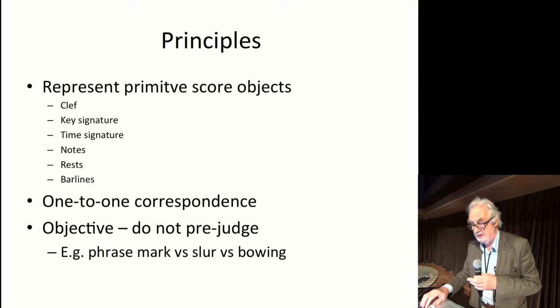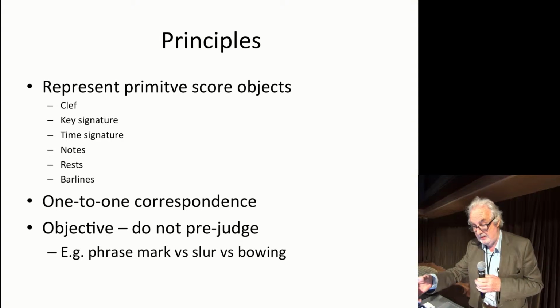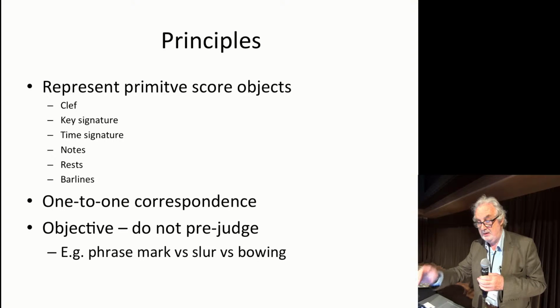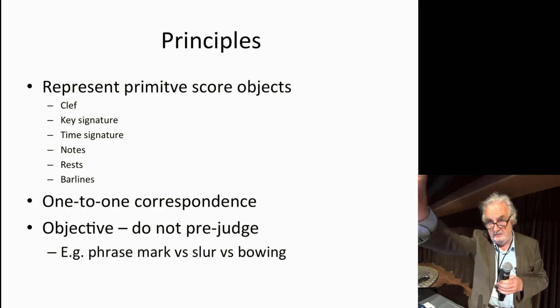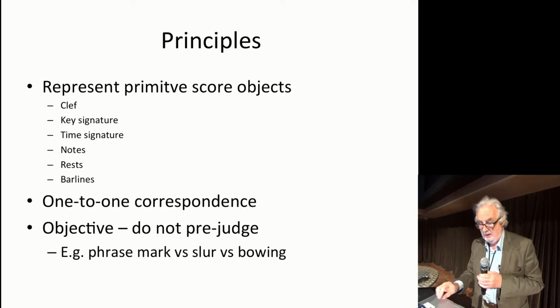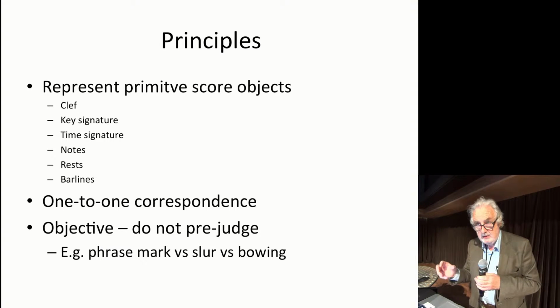And I'll illustrate the principles, first of all, on which the score was represented. I represent only primitives of score objects, such as clefs, key signatures, time signatures, notes, rests, bar lines, with a one-to-one correspondence between the symbol on the printed page and what's in the model. The other thing is to do that in a very objective way, so you don't prejudge anything.